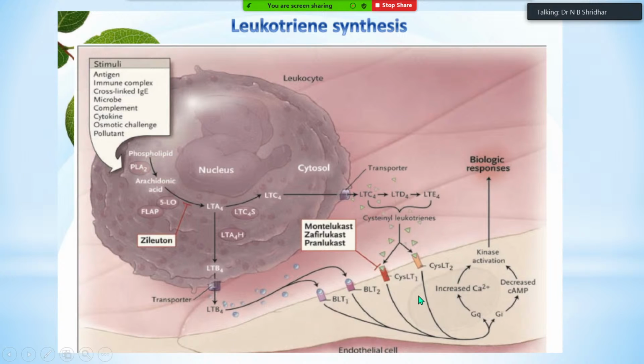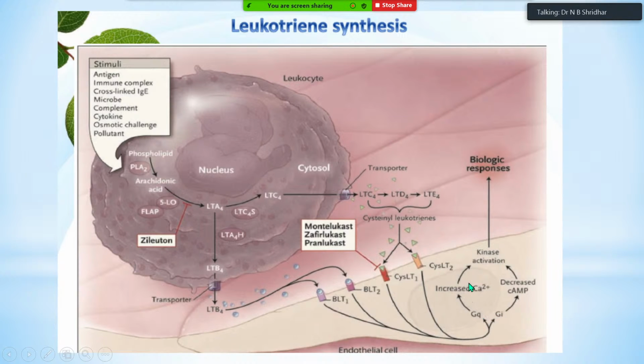Whenever the leukotrienes act on the endothelial cells, which are the target cells, there will be Gq type of proteins and also Gi type of proteins.